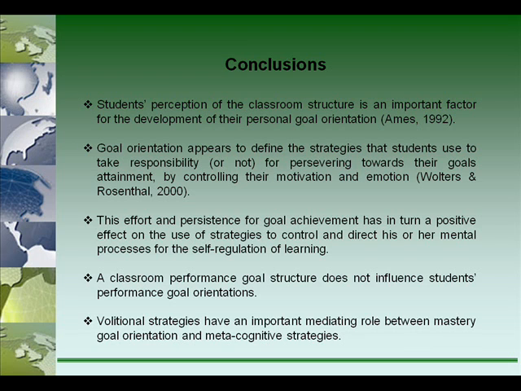According to the proposed model, we found that volitional strategies have an important mediating role between mastery goal orientation and metacognitive strategies. This indicates that learning-oriented students are more likely to find a link between their efforts and the results, and work to reduce or avoid both internal and external distraction, showing higher levels of persistence compared to performance-oriented students.